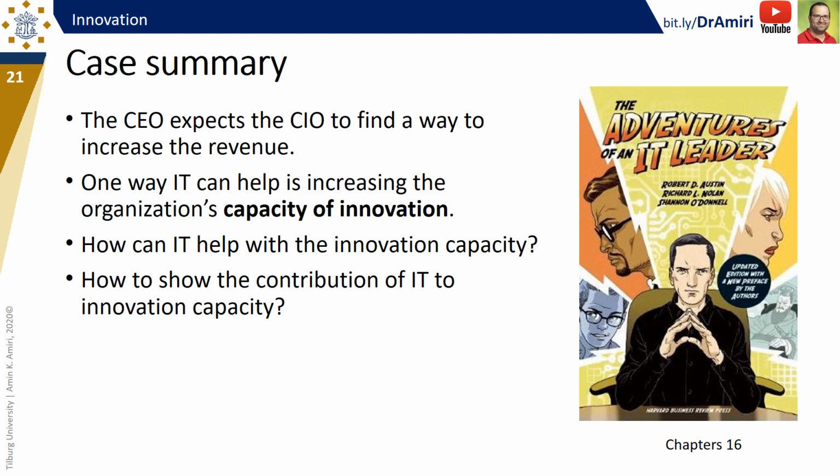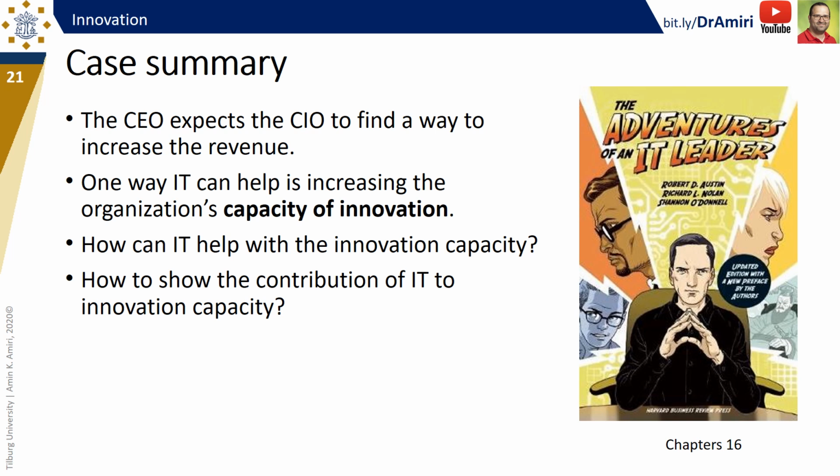The CEO has sent an email to all top managers and asked them to find a way to increase the revenue. The CIO was also included in the emails. That means the CEO expects Jim Barton to find ways that IT can increase the revenue of the organization.